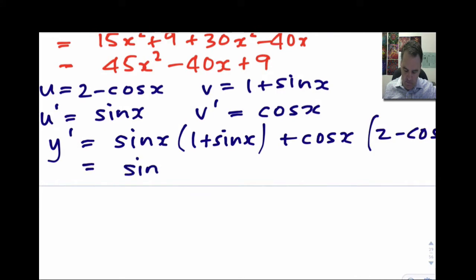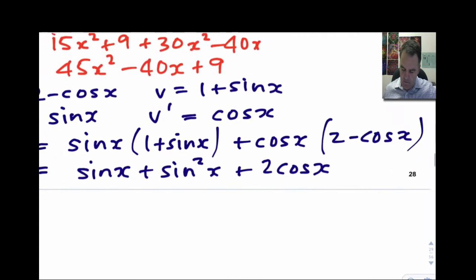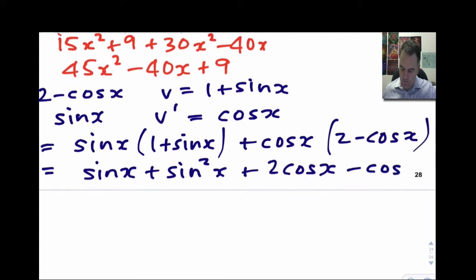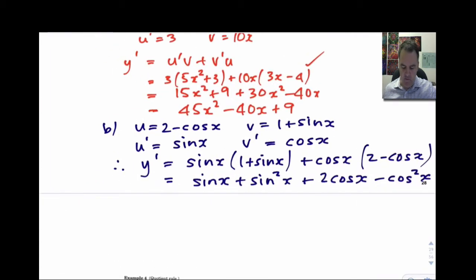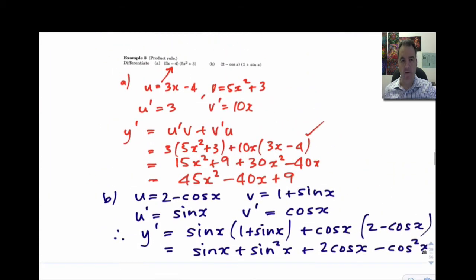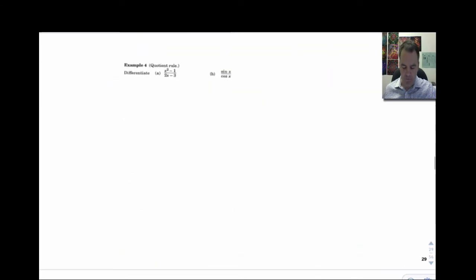Sin x plus sin squared x plus 2 cos x minus cos squared x. Now in this case here, nothing simplifies. We could use some trig identities for sin squared minus cos squared. There is some stuff that we could do there, but I'm happy to leave it just like that, just demonstrating how the product rule works. Okay, so that's the product rule with some trig examples.